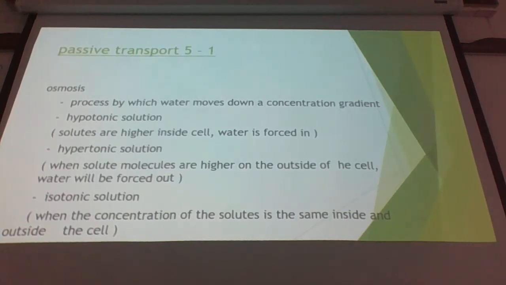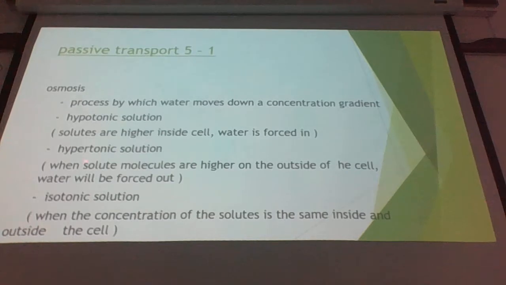Okay, so diffusion is simple molecules like blood gases into and out of the cell through the cell membrane. It goes from an area of high concentration to low concentration, and that is a concentration gradient. Osmosis is the similar process, but it's water instead of blood gases.